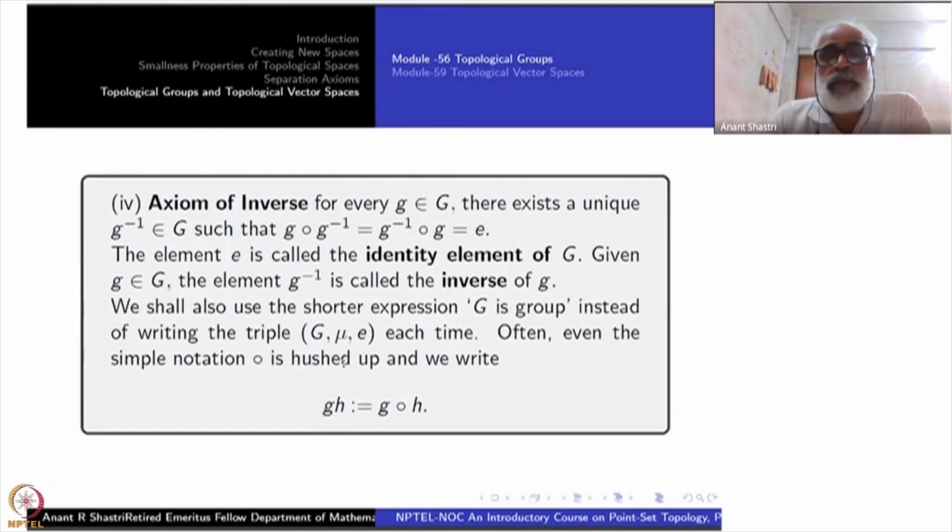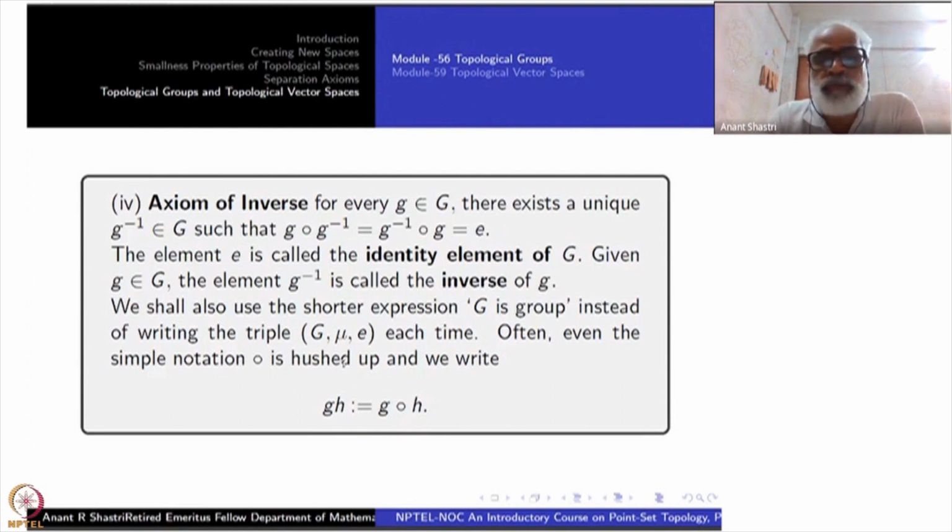Okay, the element E is called the identity element, which I have been referring to. For every G in G, the element G inverse is called the inverse of G. We will also use the short expression "G is a group," just like we say X is a topological space. So we can say just G is a group instead of writing the triple G, mu, E each time.